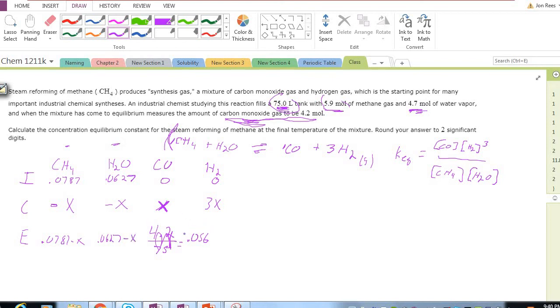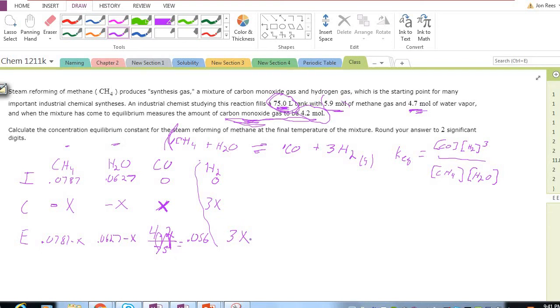I already know that X is 0.056, remember, because it gives me equilibrium moles, which I then divided by 75. So I know that right away. And this is going to be 3 times X for the hydrogen right here. 0 plus 3X is 3X.